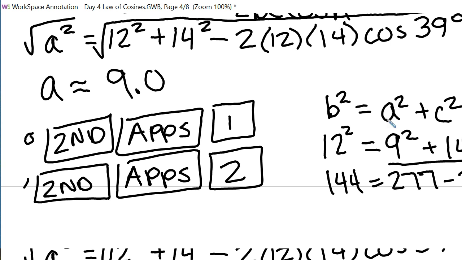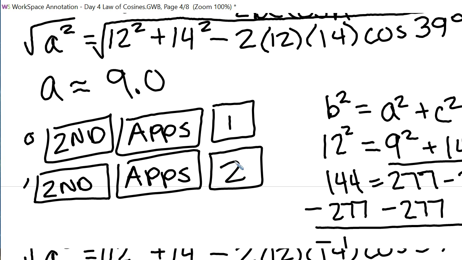How do we get cosine by itself? Subtract 277 from both sides. What is 144 minus 277? Negative 133 equals negative 252 cosine of angle B. Divide both sides by negative 252, and the cosine is by itself.